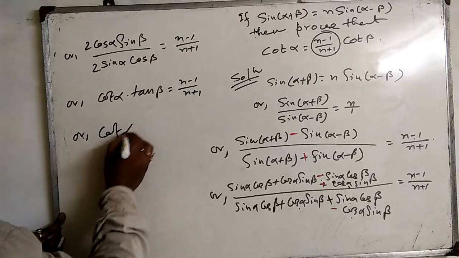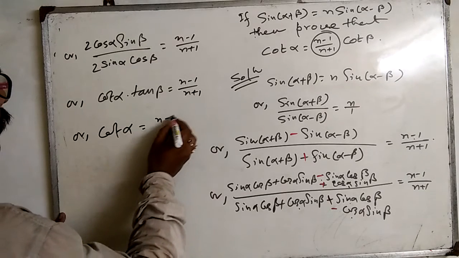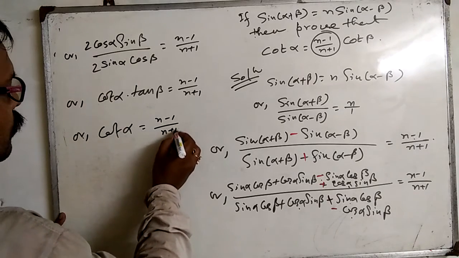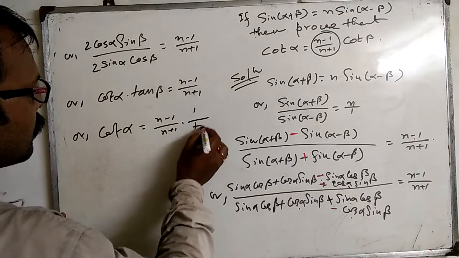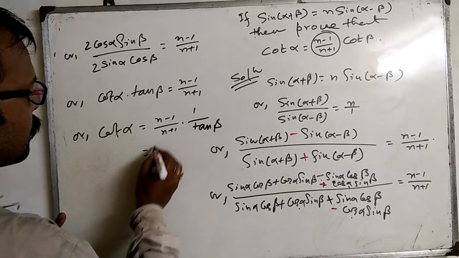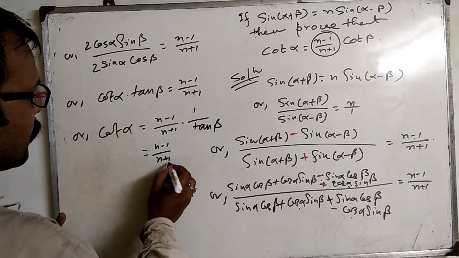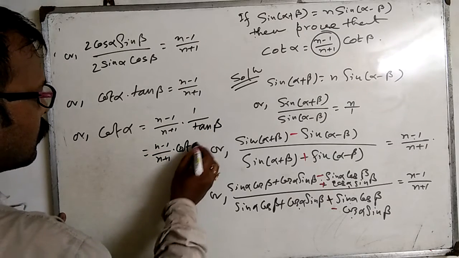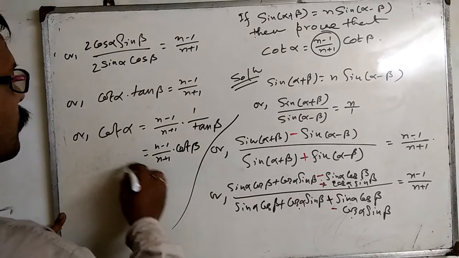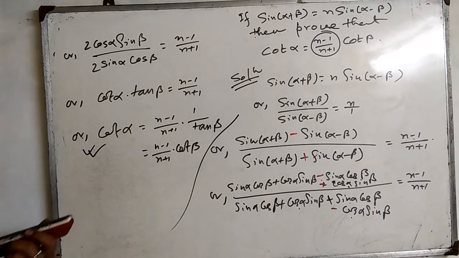So we can write cot alpha equals n minus 1 by n plus 1 divided by tan beta, so n minus 1 by n plus 1 into cot beta. That will be proved here. Sorry for the mistake.